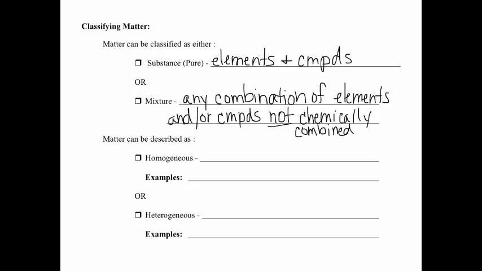These mixtures come in two different ways. They can be homogeneous, which means they're the same throughout. And by that I mean if I had something that was a homogeneous mixture in my beaker, it wouldn't matter if I got a scoopful from here or a scoopful from down there, it would have the same amount of the different substances in there.